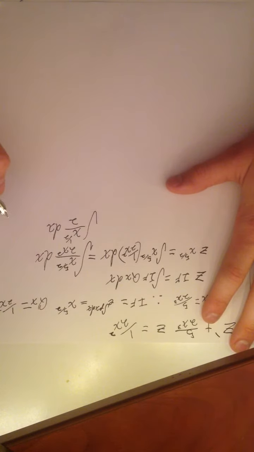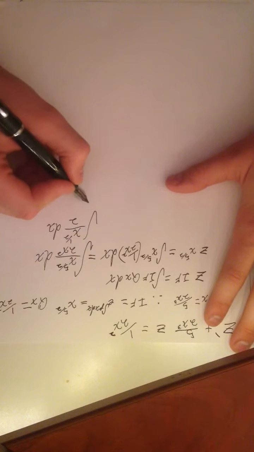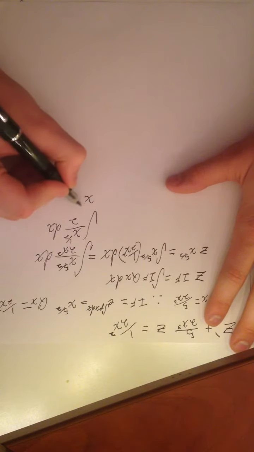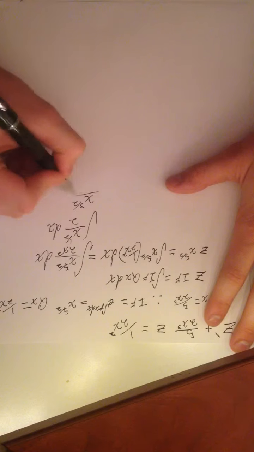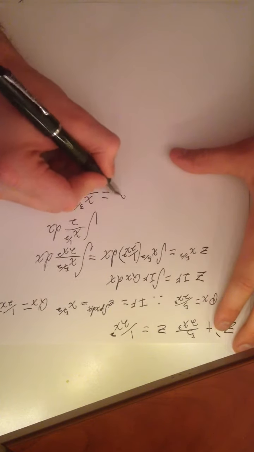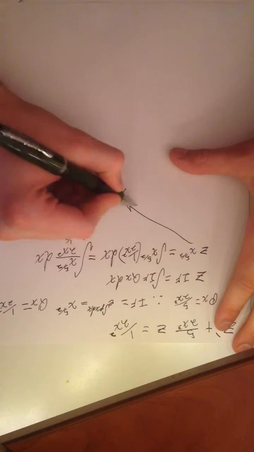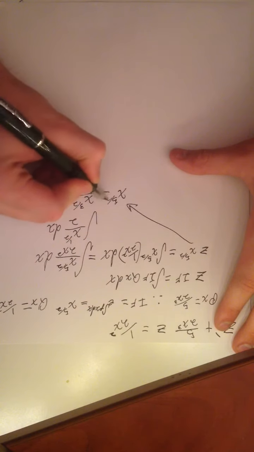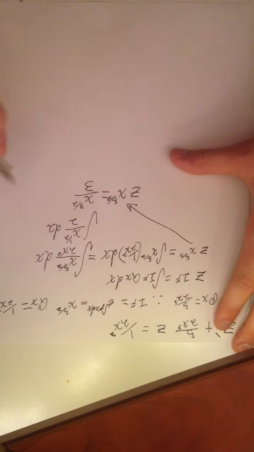Integrating it at that point, we can say that it will be x to the 3 halves over 3, which is equal to our x to the 5 halves times z.